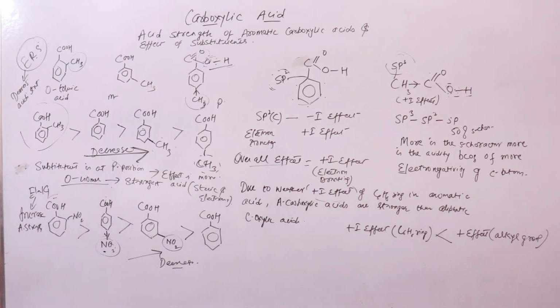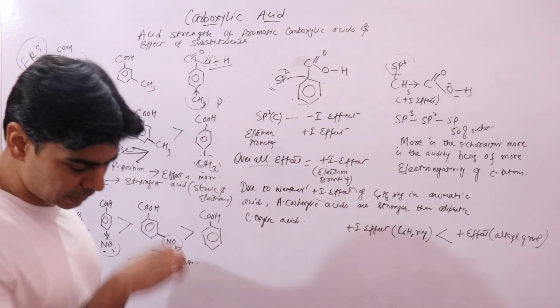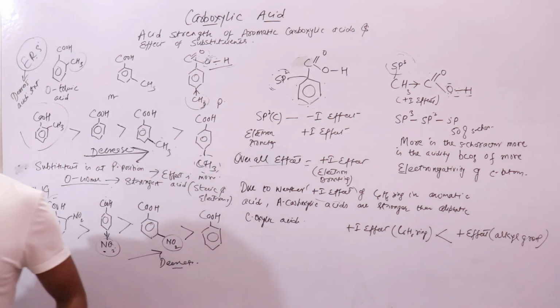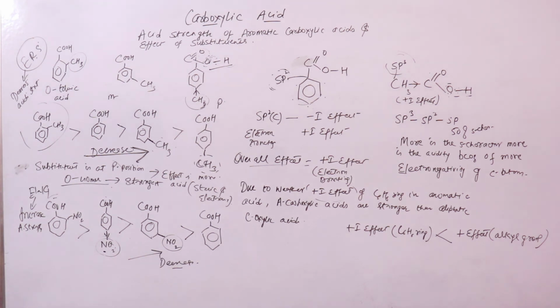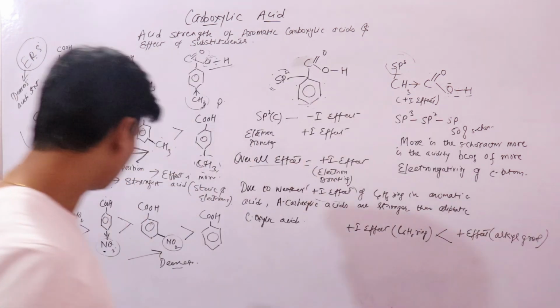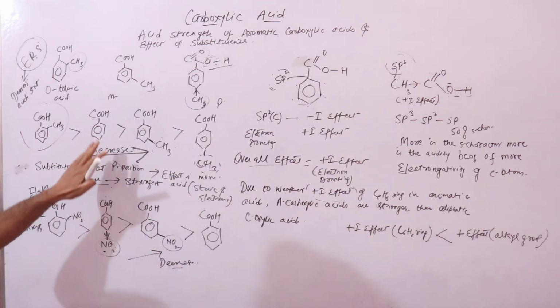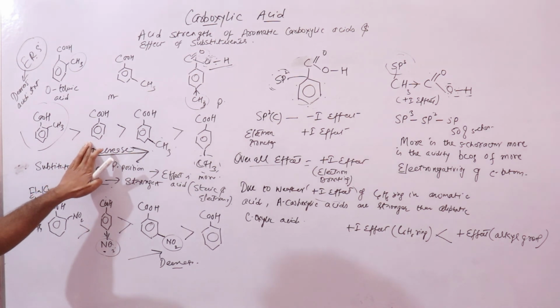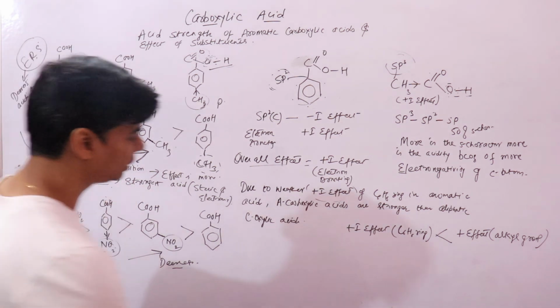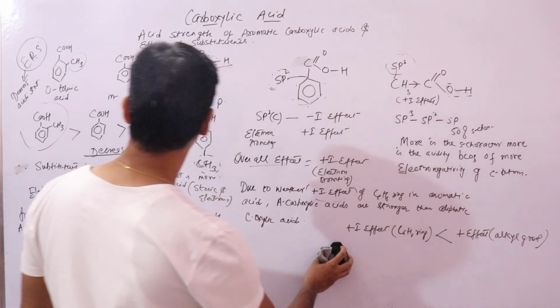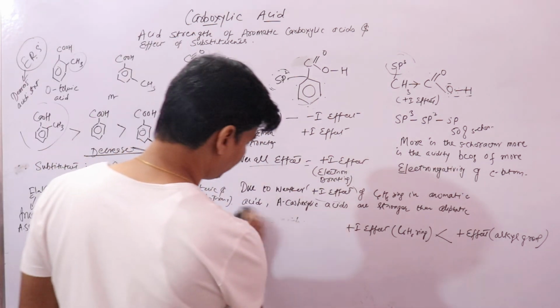Now let's take one example of the hydroxybenzoic acids, right? Let's quickly look at hydroxybenzoic acid. The hydroxyl group is an electron releasing group.